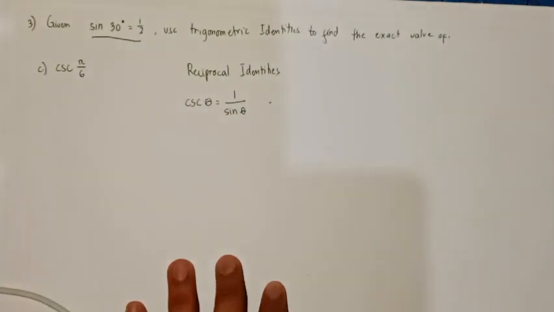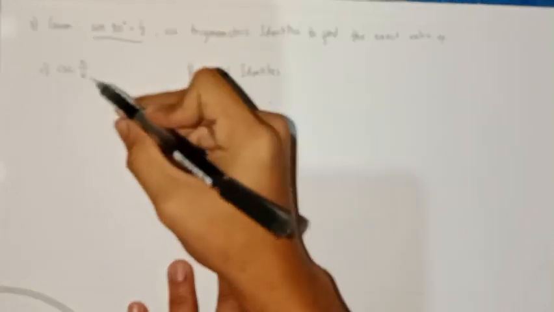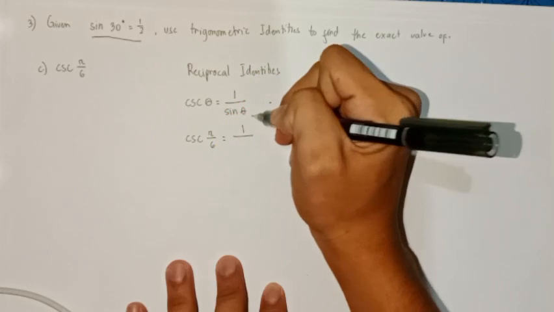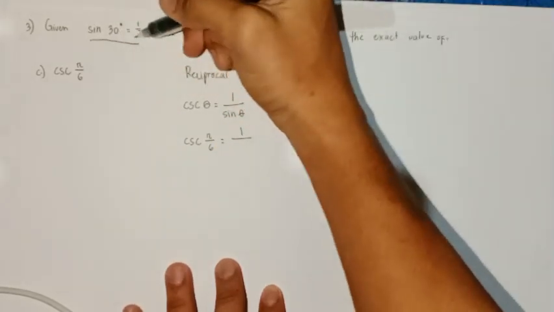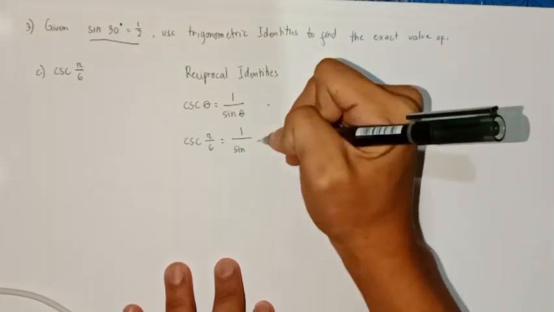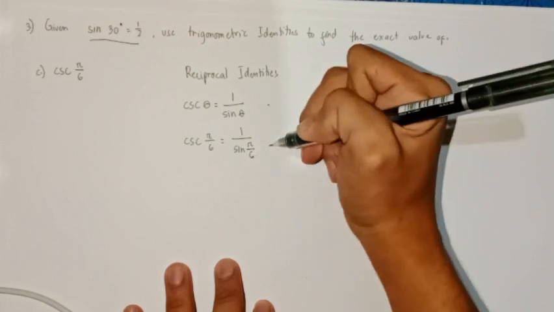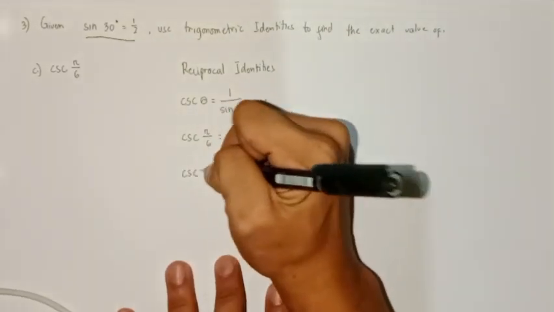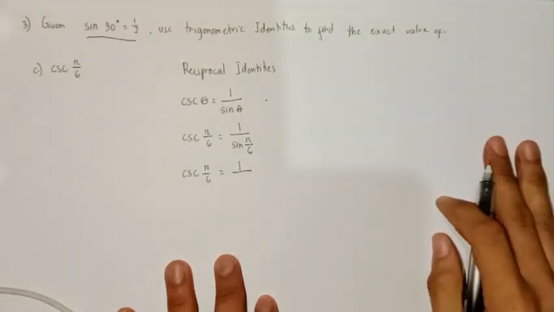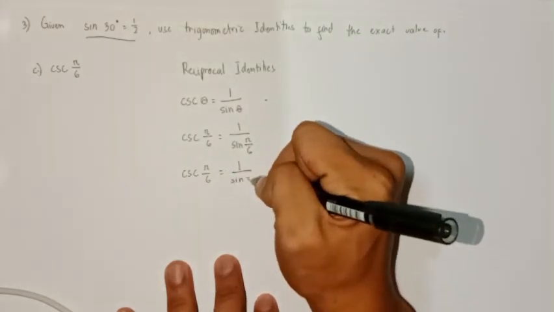Now, let's just substitute. So cosecant, the value of theta, which is pi over 6, is equal to 1 over sine pi over 6. Pi over 6 in radians is 30 degrees. So sine pi over 6 is equivalent to sine 30 degrees.